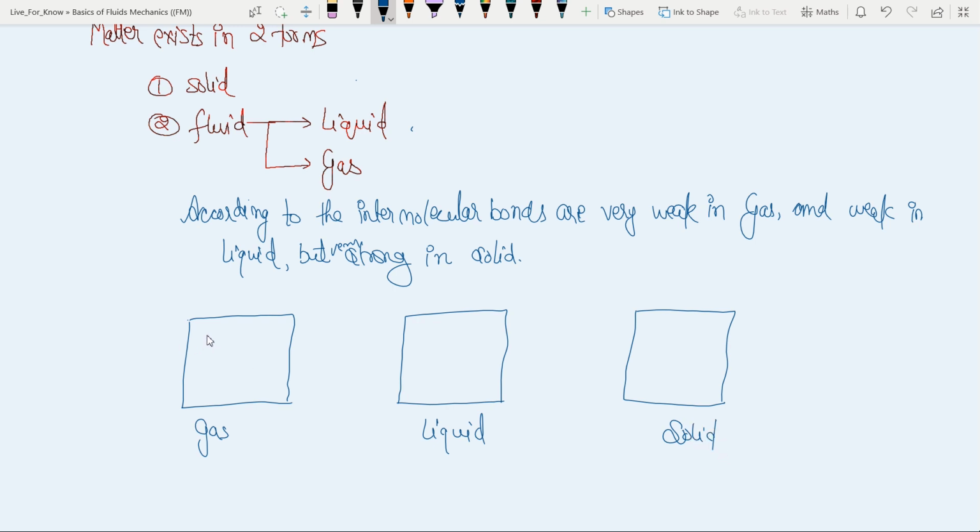In gas, the molecules are at a far distance from each other, but in liquid they are nearer.